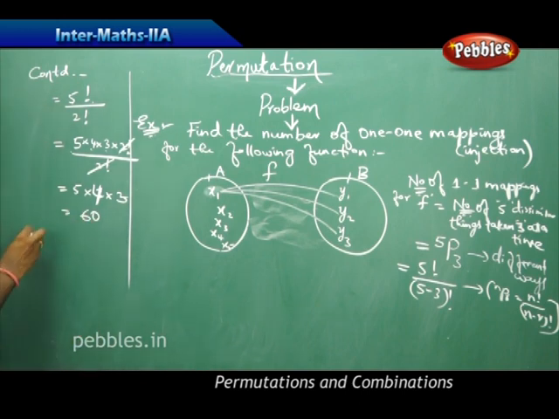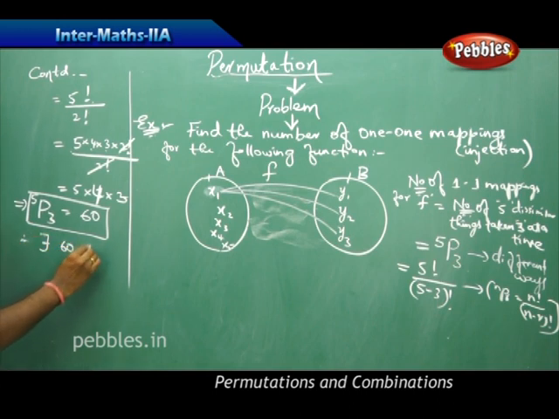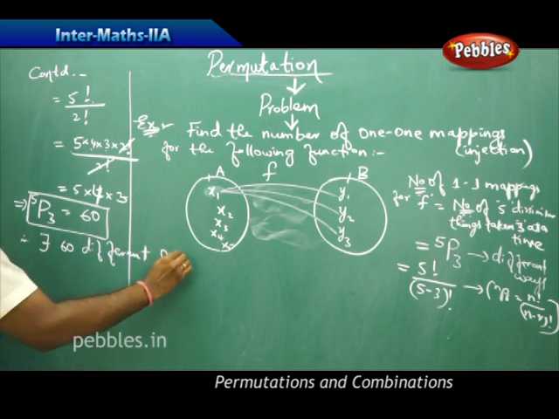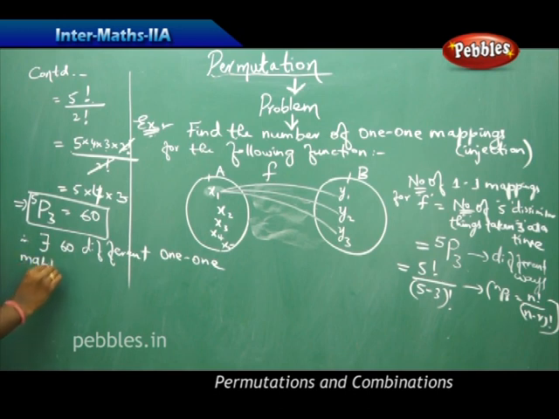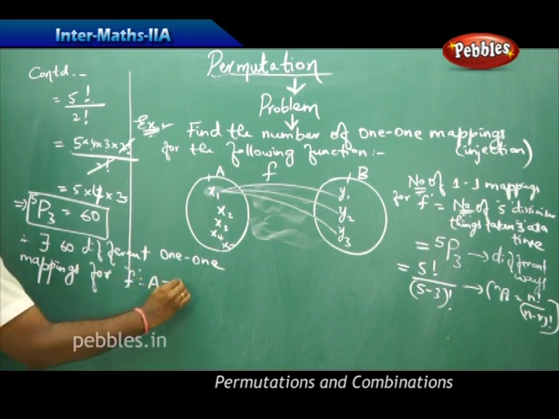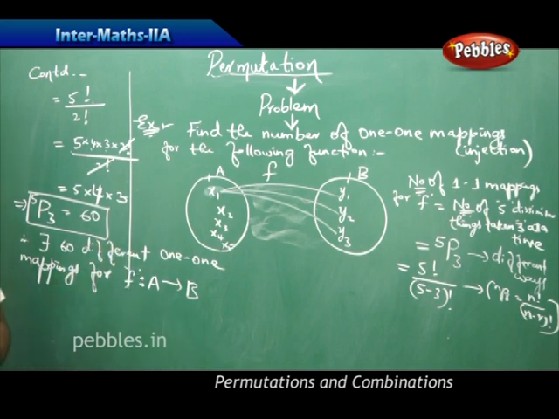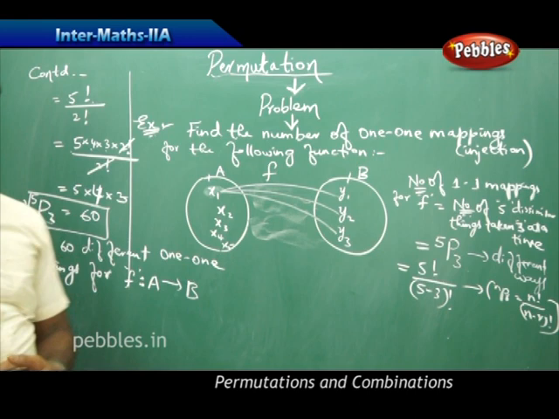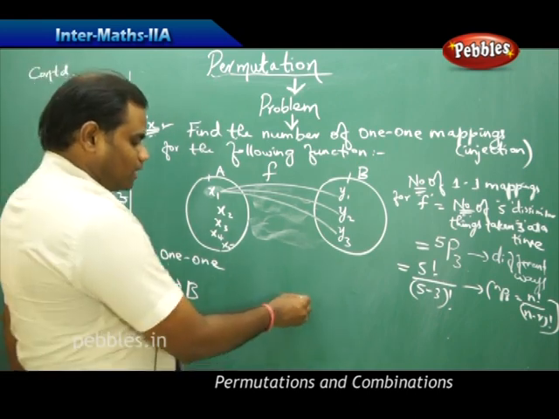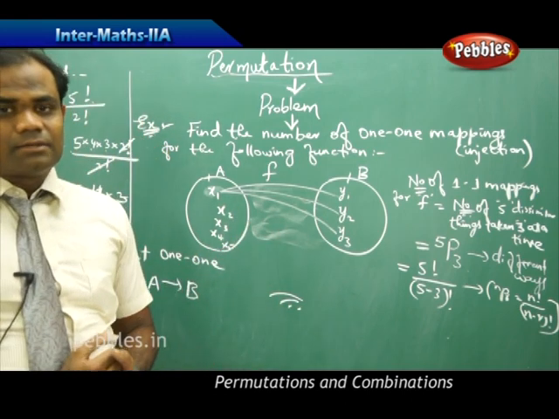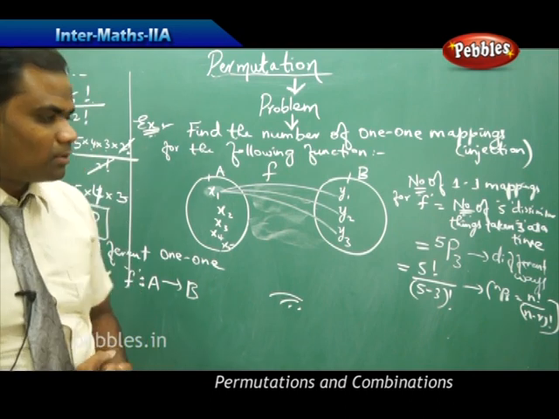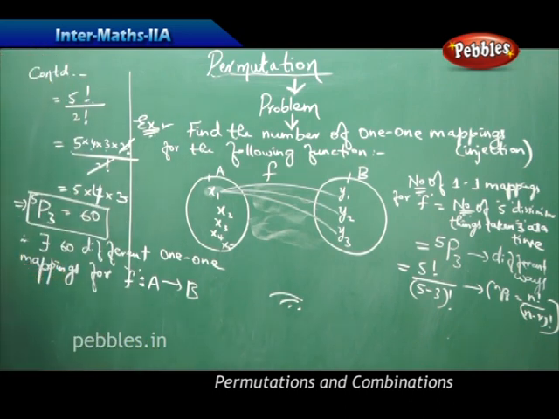That is, 5P3 is 60. Therefore, there exist 60 different 1-1 mappings for f from set A to set B. There exist 60 distinct possible 1-1 mappings for a function f from A to B. That is how I understand it: I need not count each of the possible distinctions, but can use this formula to understand the permutation connected with the number of 1-1 functions.